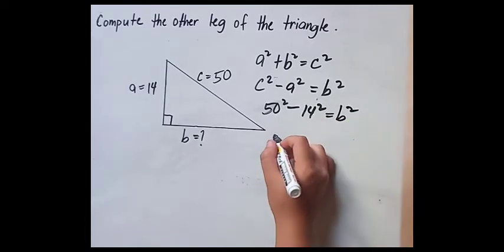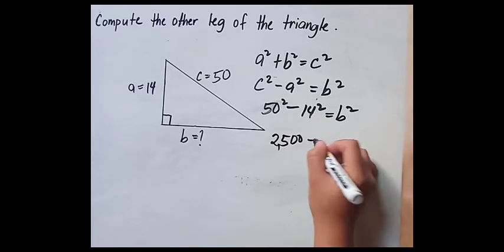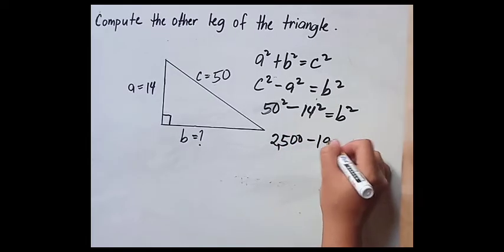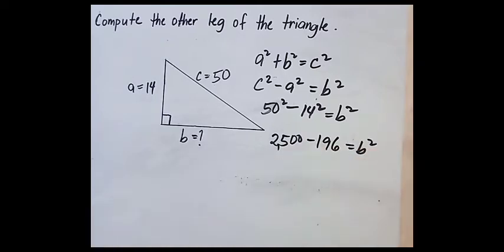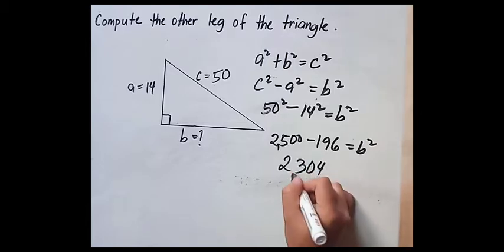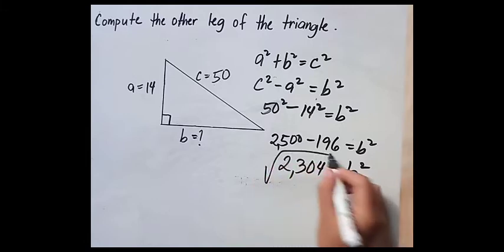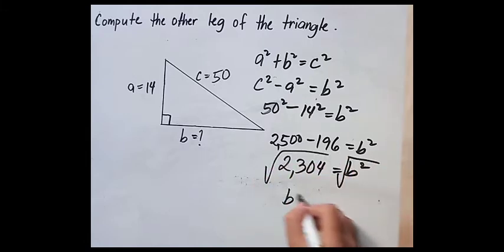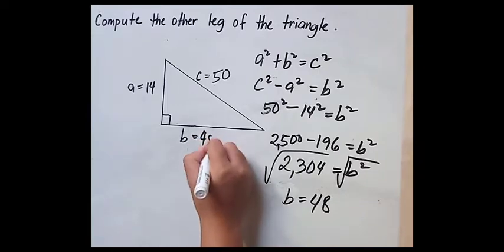So 50 square is 2500 minus 14 square, that is 196, which is equal to B square. So this is 2304 equal to B square. Extracting the square roots, B is equal to 48. So side B is 48.